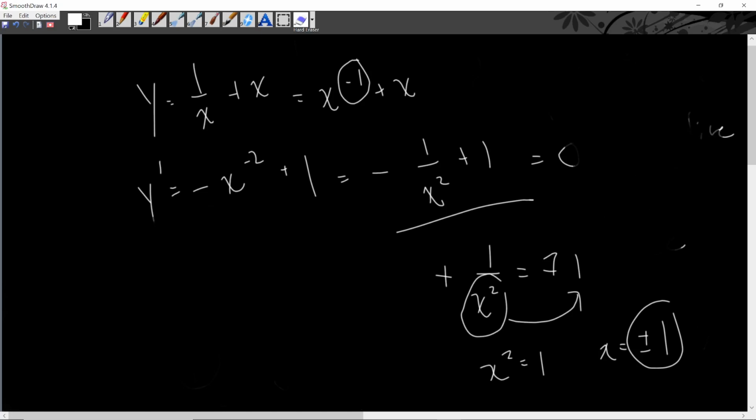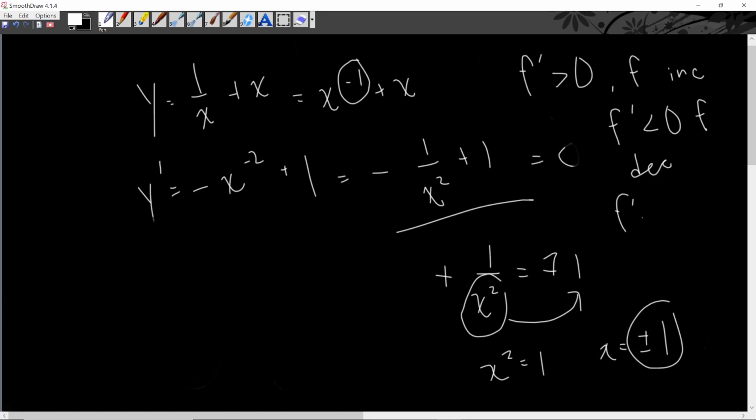Let's even write down this because this is important. When f prime is greater than 0, f is increasing. When f prime is less than 0, f is decreasing. When f prime equals 0, we have a horizontal tangent.